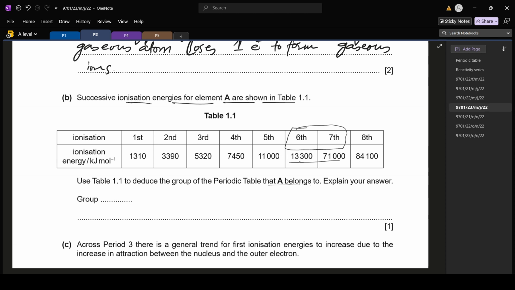That's why the 7th ionization energy is very high compared to the 6th. So how many electrons are there in the valence shell? There are 6 electrons, so it is in group 6, or you can say group 16. So I am writing here group 6.